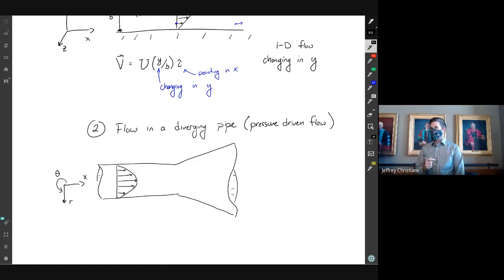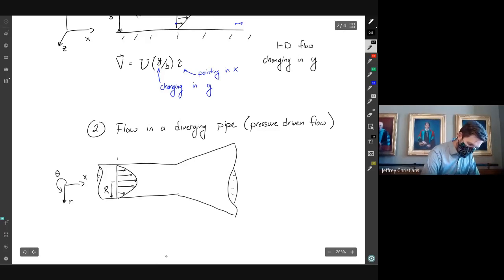Again, you have to just trust me on this. For now, we'll solve it and figure out later that this is what it looks like. Okay, so that's what it looks like in this constant diameter section of the pipe. So we have some radius, big R. There's a maximum velocity. We'll call that U max.